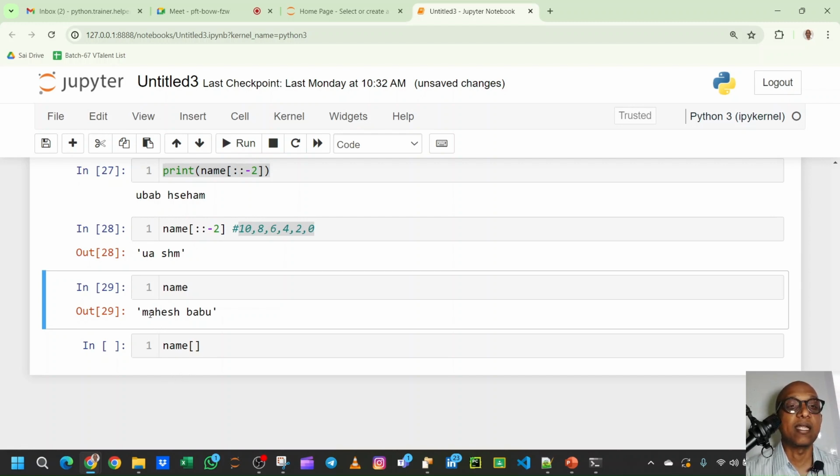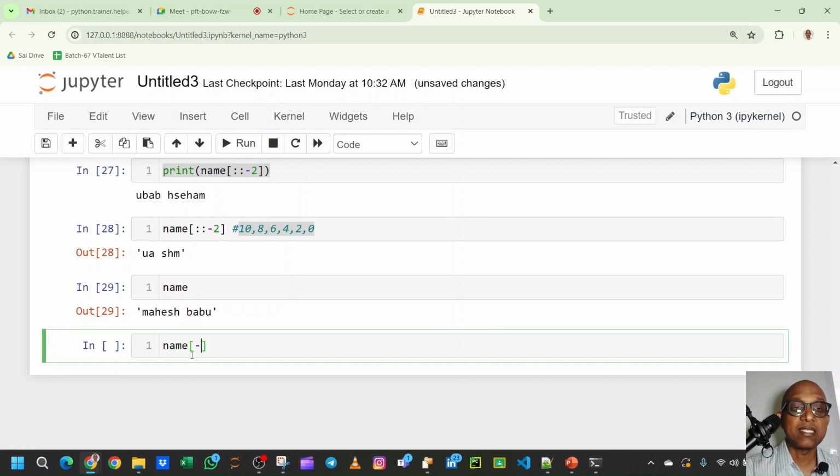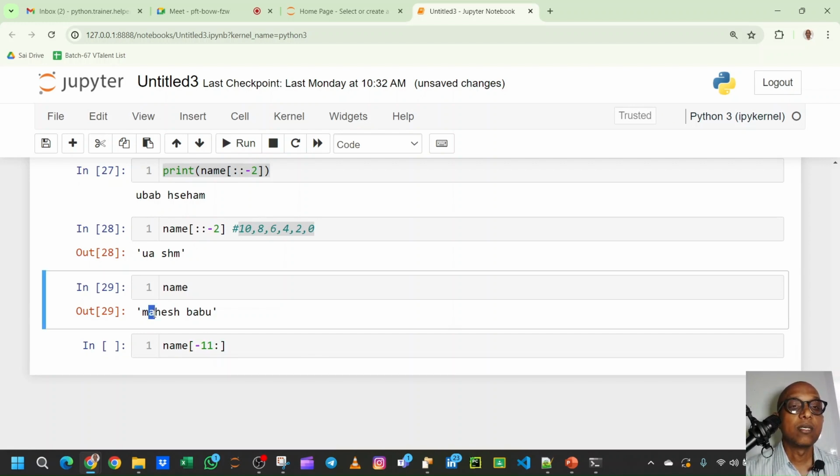What is the last character's indexing number in the case of reverse indexing? It starts with -1, -2, -3, -4 up to -11. So I have to mention -11 colon. Okay, so what is the value? This is -11, -10, -9.